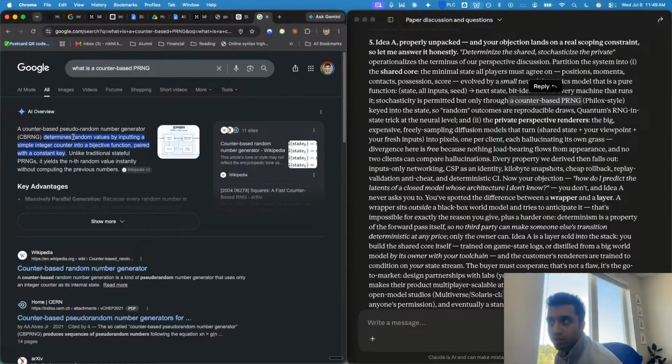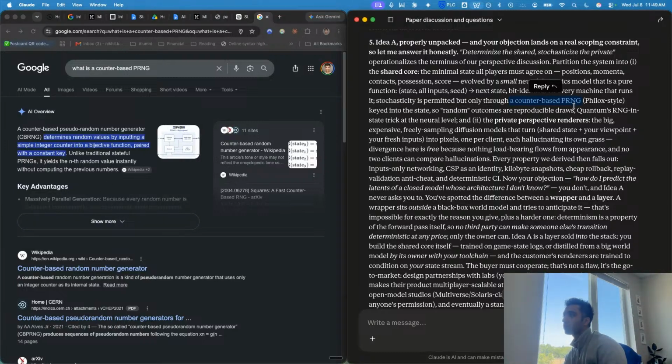Counter-based random number generator. Okay. Quantum's RNG in-state trick at the neural level. Okay, the big, expensive, freely sampling diffusion models that turn shared state into pixels.